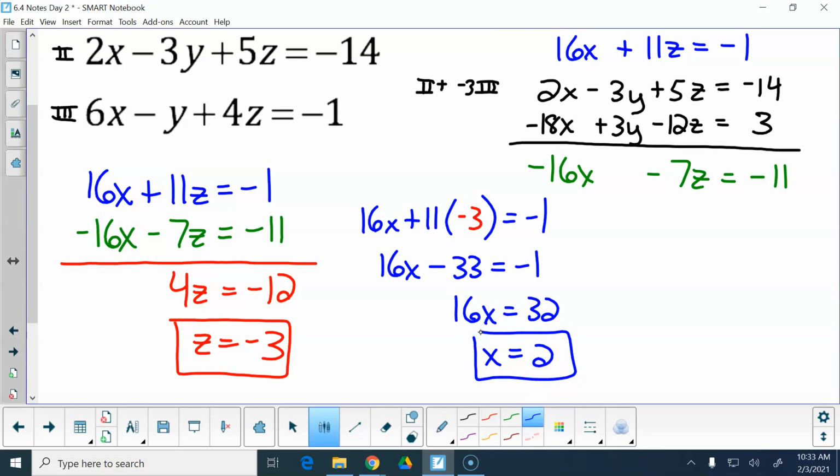I get x is 2. Yes? Let's go into 3 then, because that's got just our y.